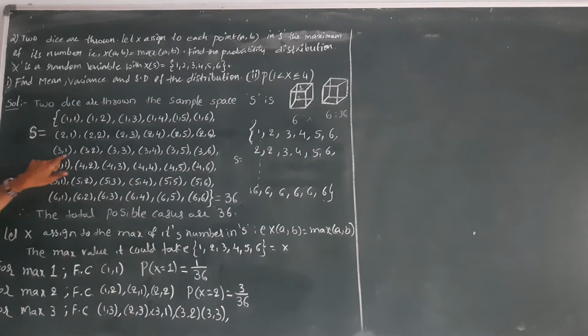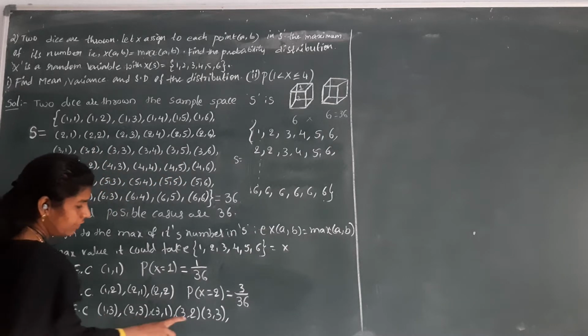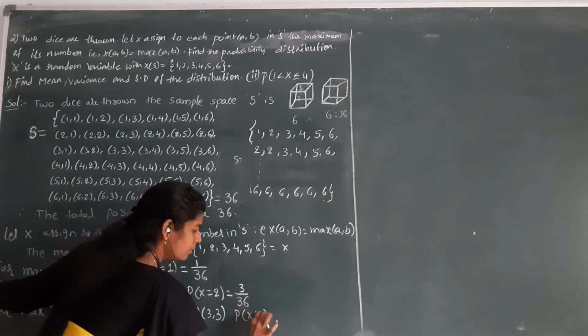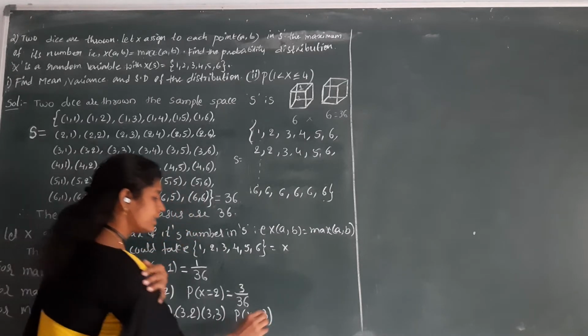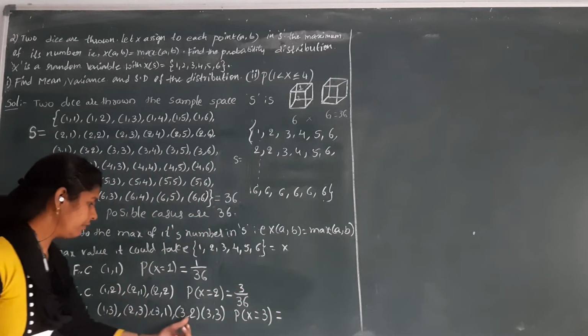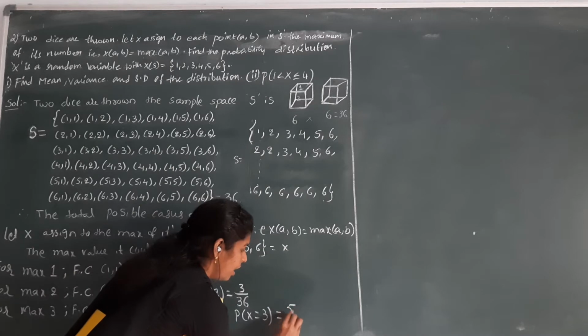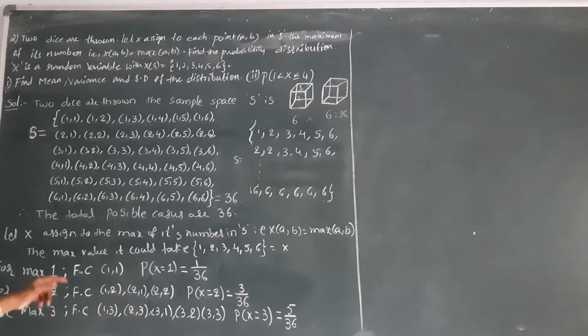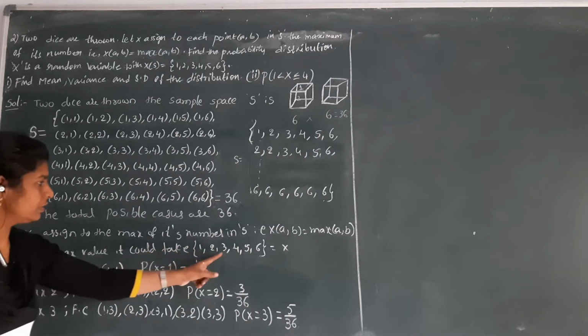Are there any other possibilities? No. So there are 5 favorable cases. The probability of X equals 3 is 5 out of 36. Similarly, we have finished 1, 2, 3.